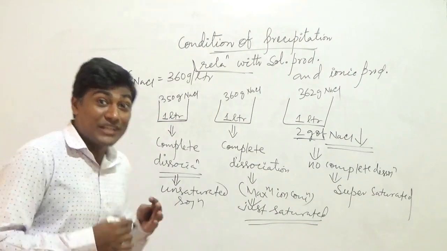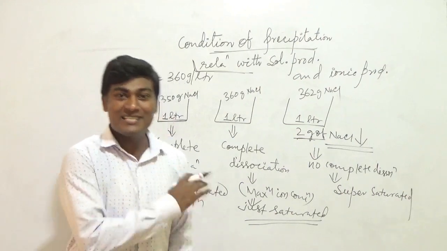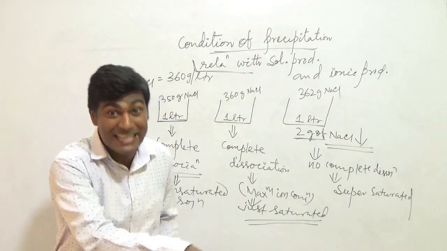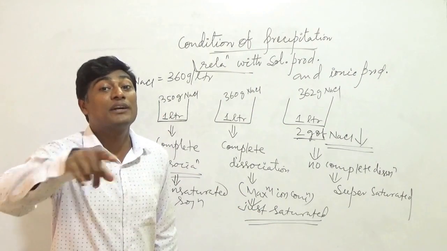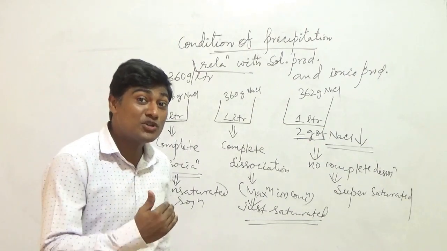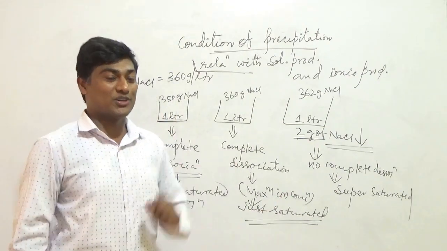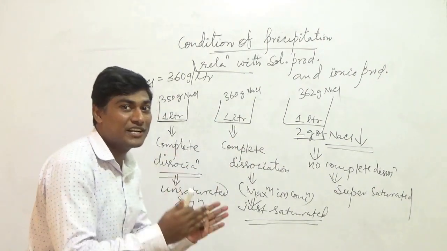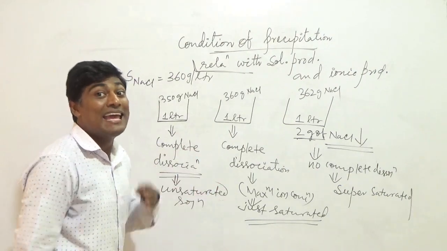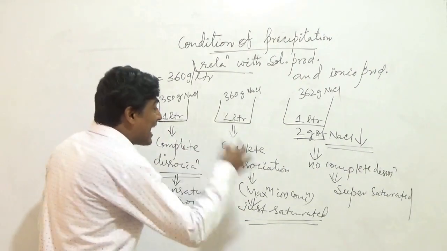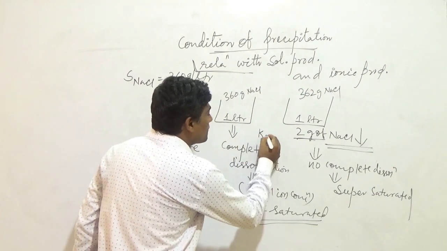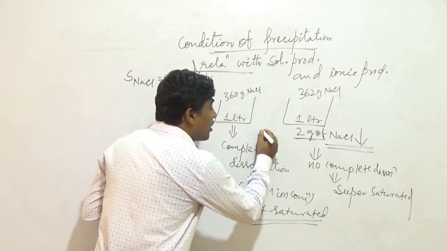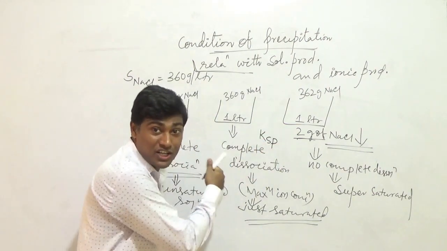So, what is the condition of precipitation then? The product of ions of the substance in a solution at a particular temperature, when the solution is saturated, is the solubility product. So this middle solution has the maximum ion concentration, a saturated solution. At that case, the product of concentration of ions is called solubility product.